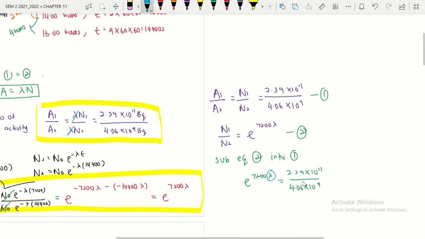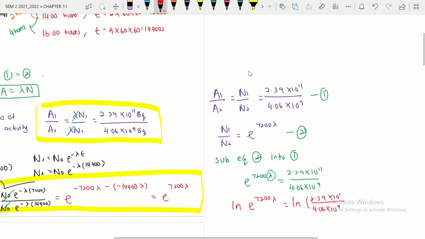Sorry ya, this is a lot of mathematics. So how do we get rid of the exponent? We take ln of both sides. So ln of 7,200 decay constant equals ln of 2.39 times 10 to the power of 11 divided by 4.06 times 10 to the power of 9.